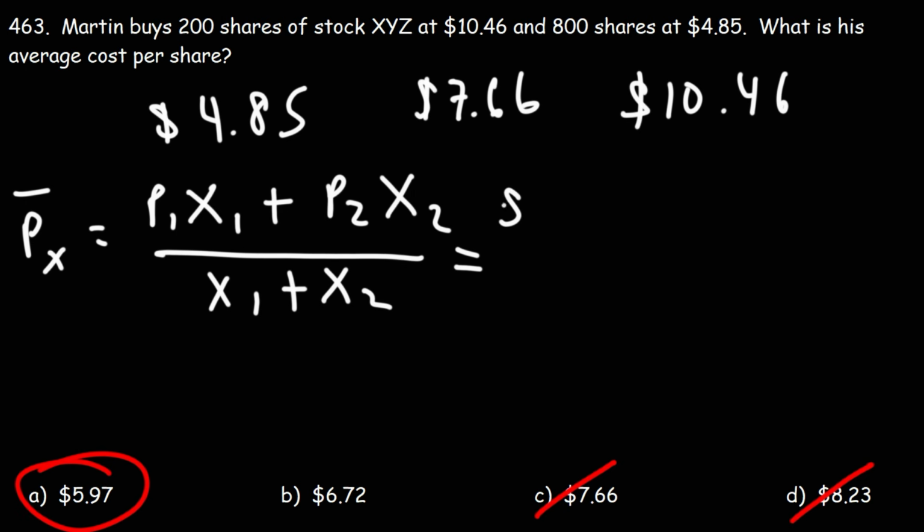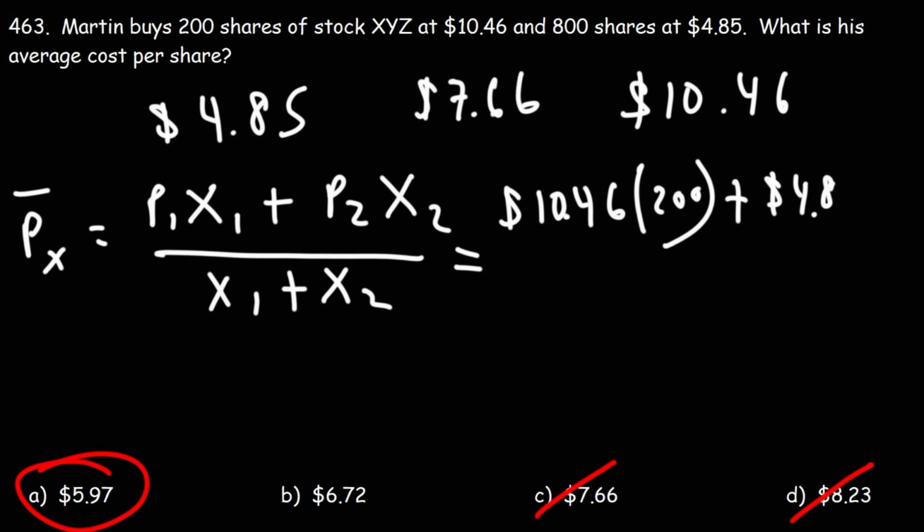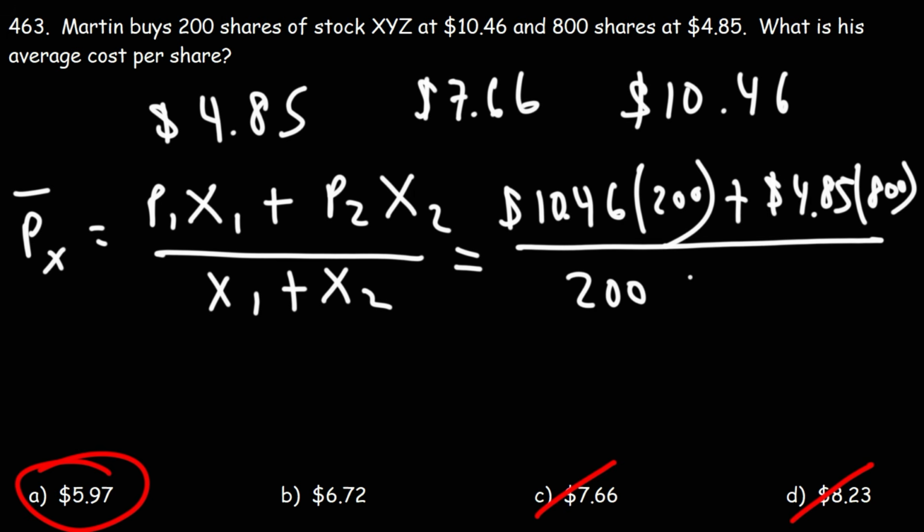So P1, that's $10.46, and Martin bought 200 shares at that price, plus P2, $4.85, and he purchased 800 shares at that price. And we're going to divide it by the total number of shares, which is 1,000.